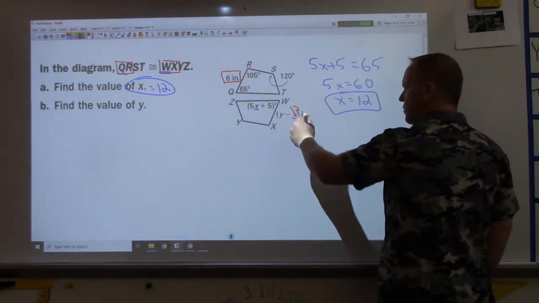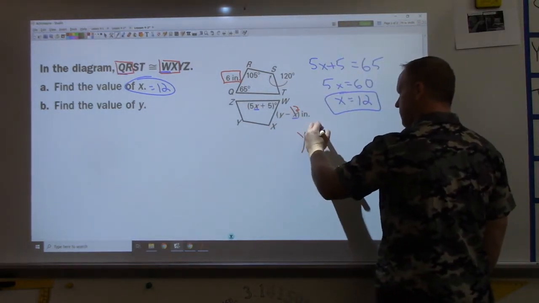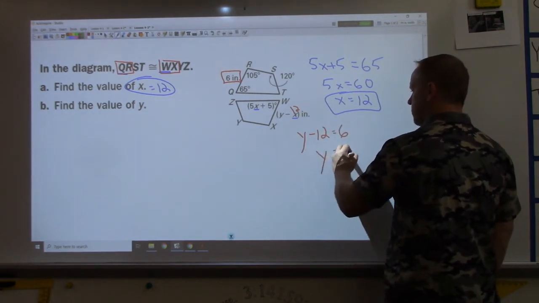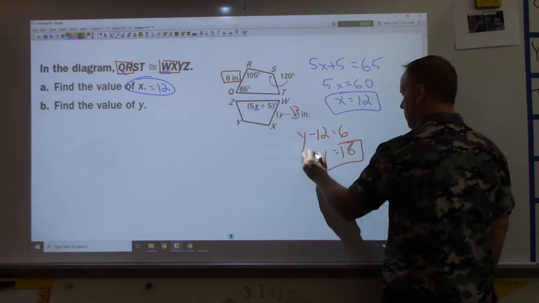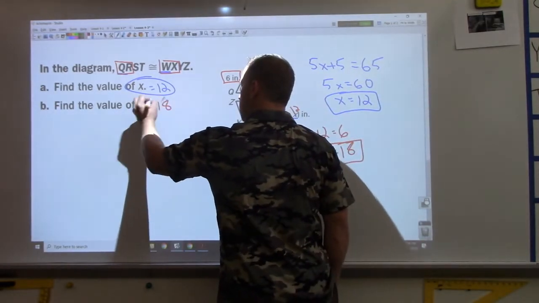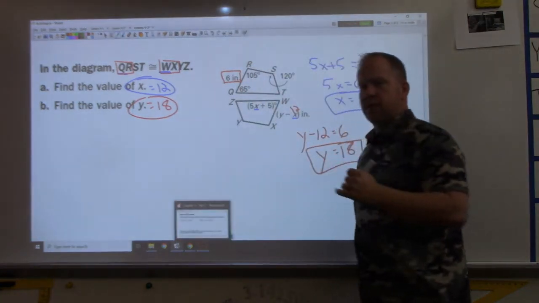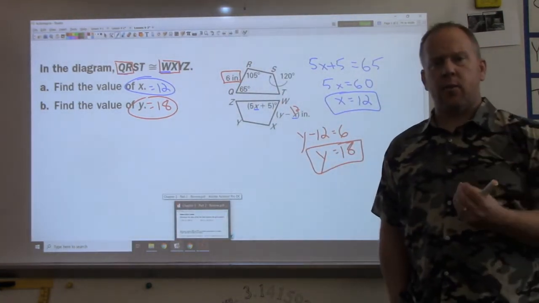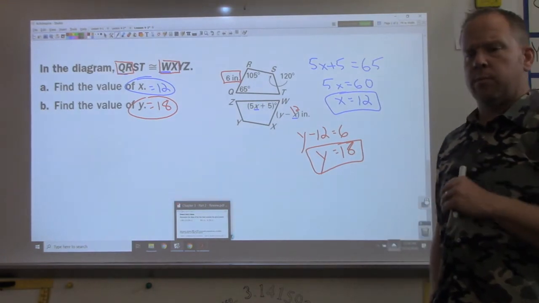So y minus 12 equals 6. Solve for y. Y equals 18. Again, very important, this is why the naming of the shapes is important. The first one doesn't matter. The second one has to be in the corresponding congruent parts.